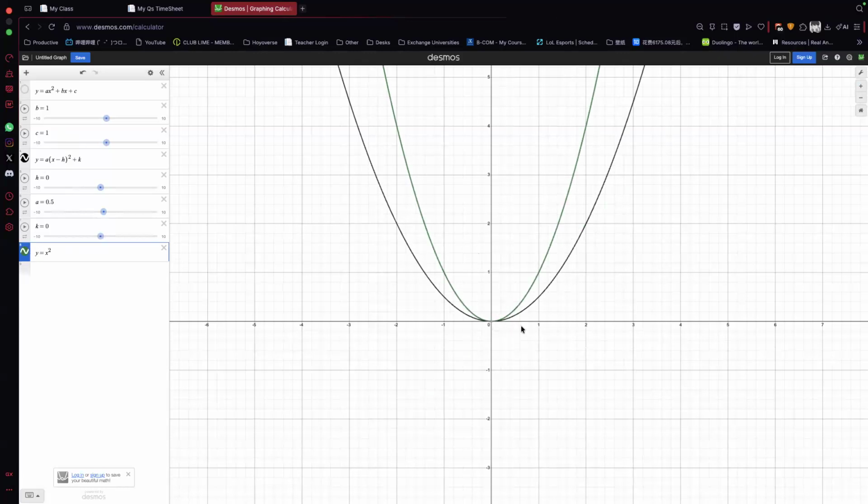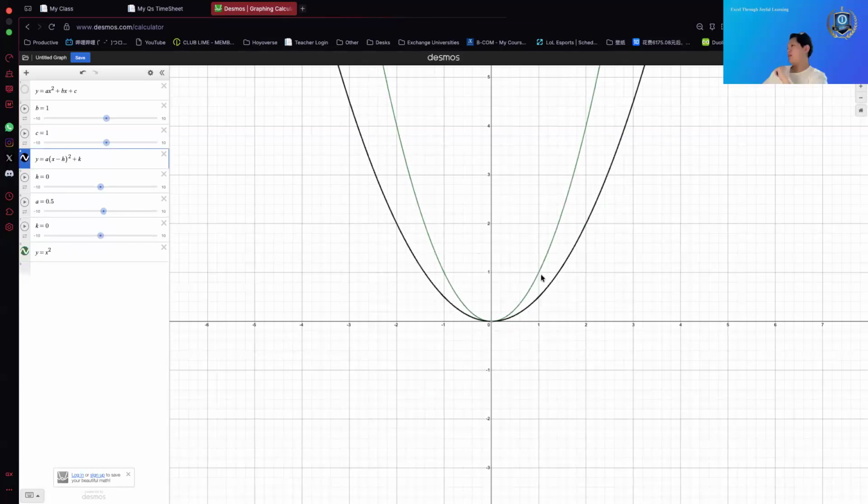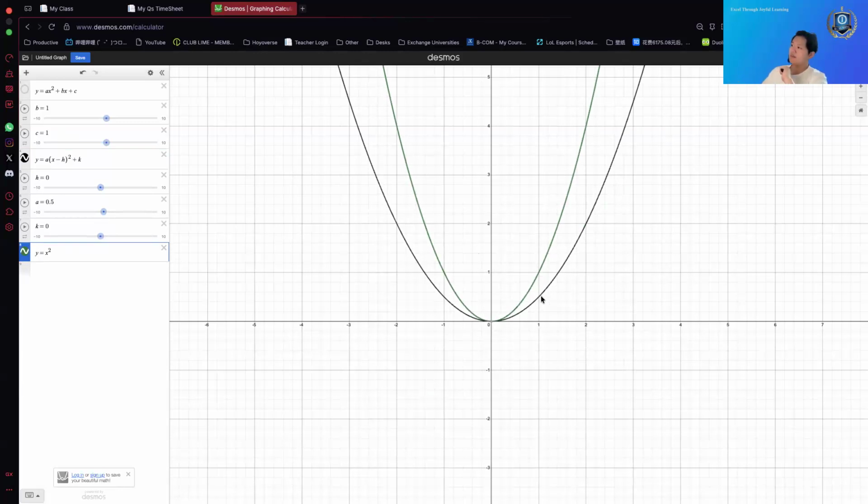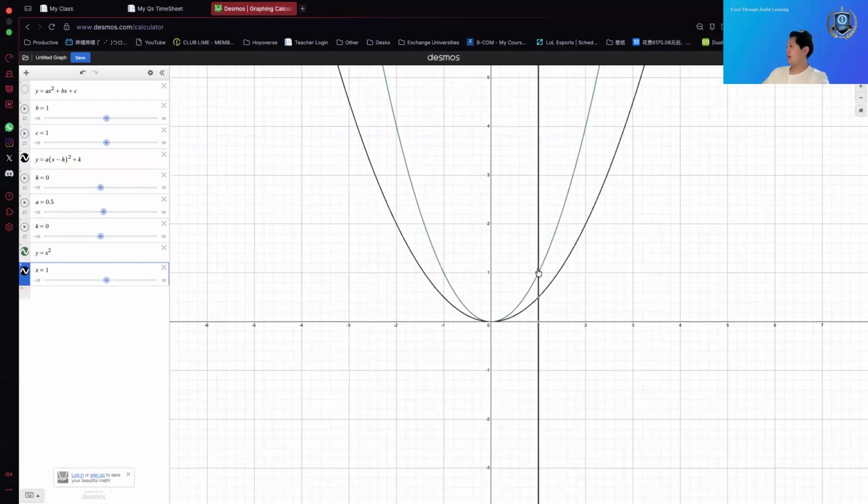Now that I've stretched it, let's say for this point here, I originally had 1, 1 at this point, y equals x squared. Now that I've stretched it, what happened to the y value? At the same x value, x equals 1, originally I had 1, 1.